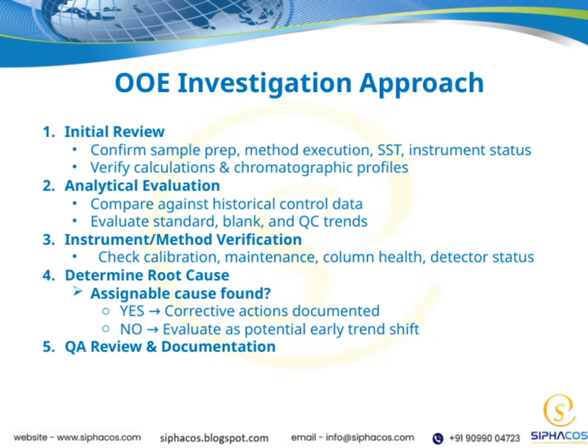Finally, the QA review and documentation process is essential. This ensures that all findings, actions, and observations are properly recorded for traceability and compliance. And when it comes to out-of-expectation, or OOE, investigations, we follow a structured approach to thoroughly evaluate and address any anomalies, maintaining the integrity of our analytical process.